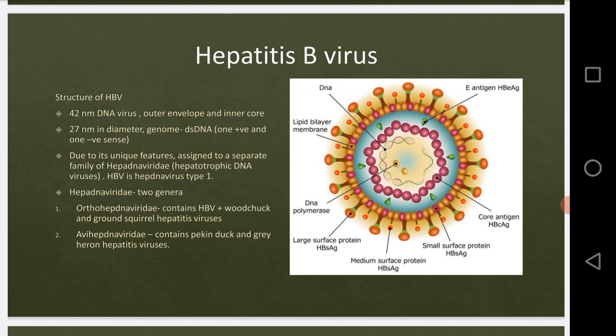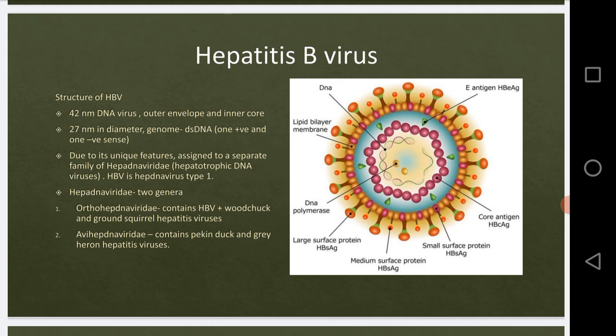Due to its unique features, it is assigned to a separate family called Hepadnaviridae. It is named for hepatitis, then DNA, and viridae means virus. Therefore, Hepadnaviridae: these are the hepatotropic DNA viruses.